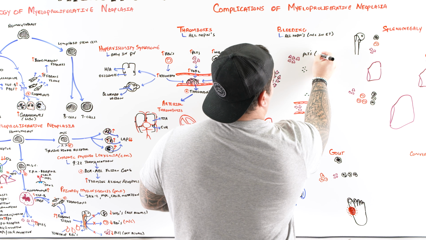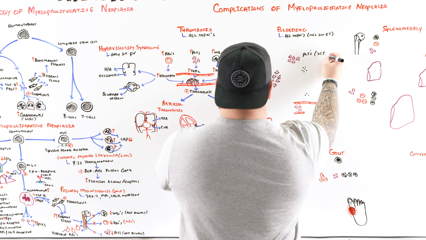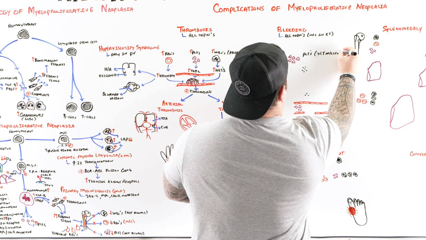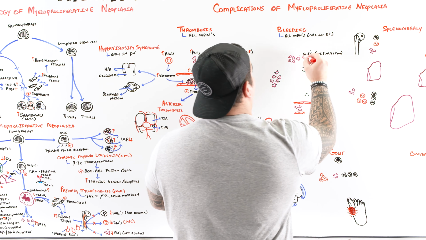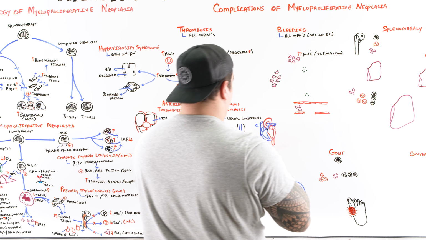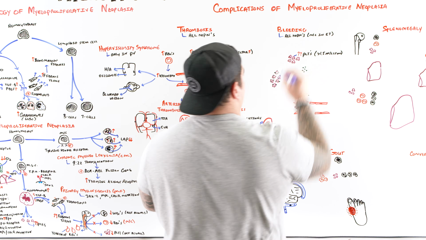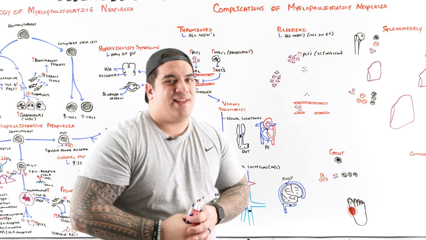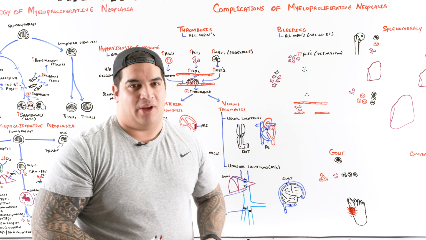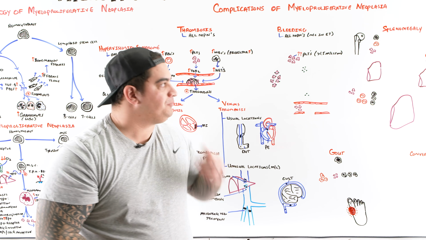But if that platelet count gets to greater than 1.5 million, then we start to see incidences of bleeding. You really see this primarily with essential thrombocythemia. You don't see this as much in Polycythemia Vera.